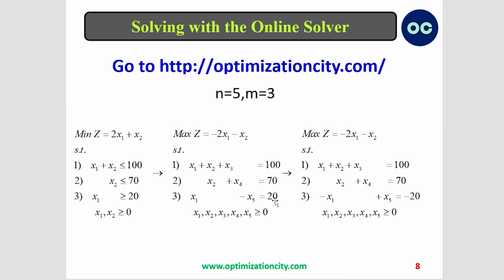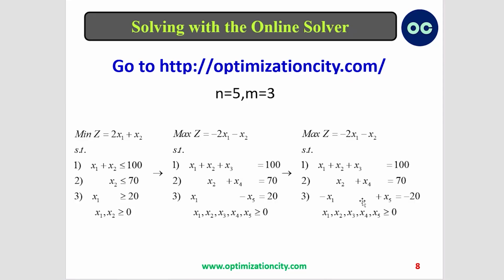In order to solve this problem by the dual simplex method, each constraint needs a basic variable. x3 and x4 are basic variables because they are one in their own constraint and zero in the others, but this is not right for the third constraint. So we multiply the third constraint by -1, and x5 is a basic variable for this constraint.